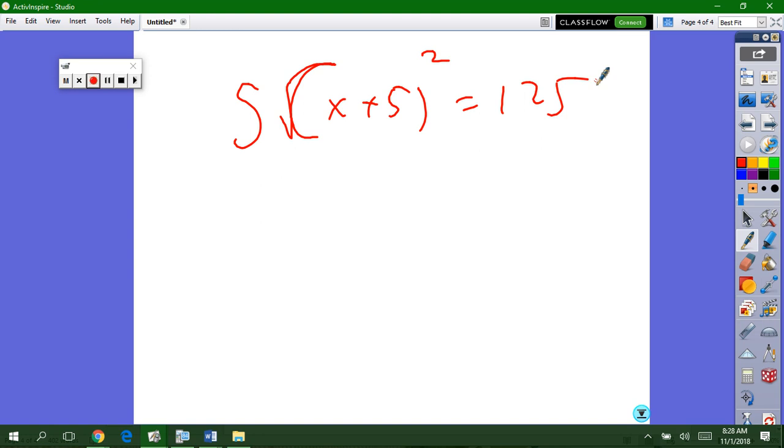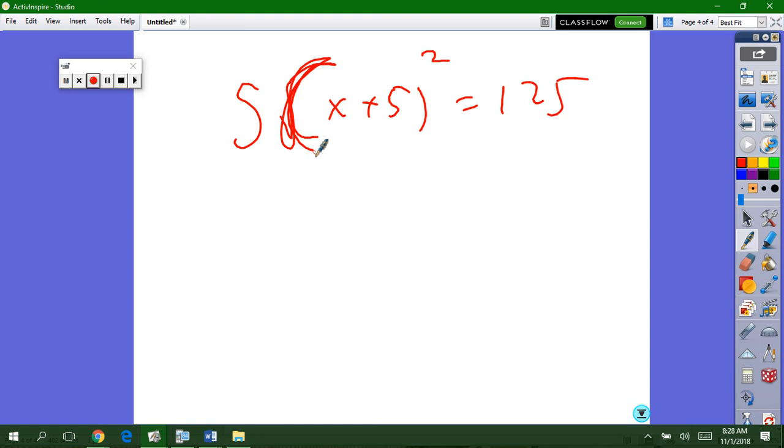So it's 5 times the quantity x plus 5, squared, equals 125. No, it's just a parenthesis. It started as a square root, then I'm like, screw that, I don't need that.